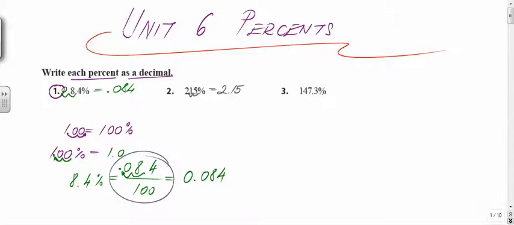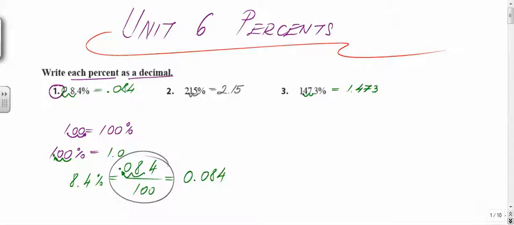My decimal point moves 2 steps to the left. This will be 1.473. I hope you guys got it. I gave you so many examples here. To change your percent into a decimal, divide that number by 100, which implies for you to move the decimal point 2 steps to the left.